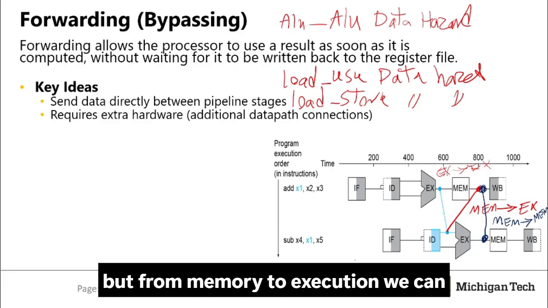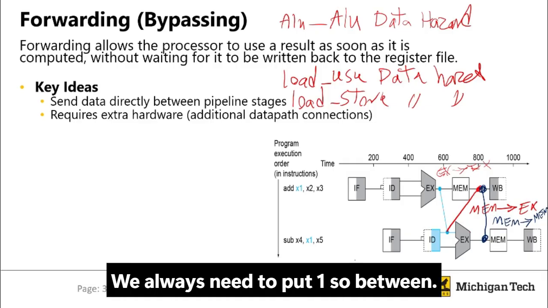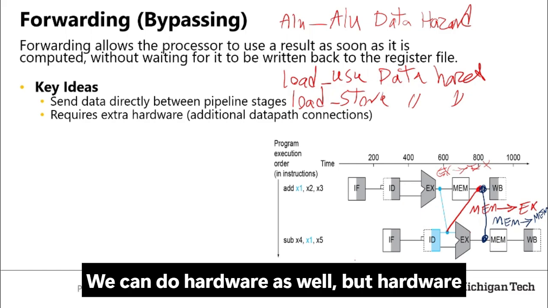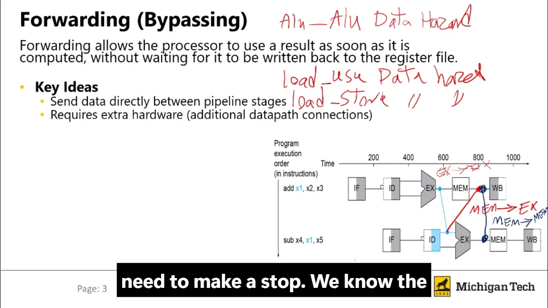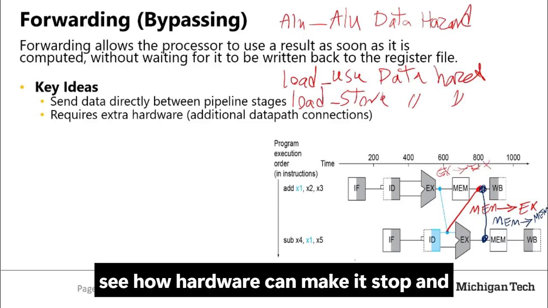But from memory to execution, we would have to go back, so this is not possible. We always need to put one stall between. So software can always solve this. We can do it in hardware as well, but hardware needs to make a stall. Without the stall, it cannot solve it. We're going to see how hardware can make a stall.